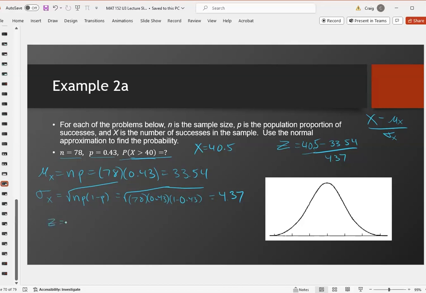From there, we calculate 40.5 minus 33.54, which is 6.96, divided by 4.37, which is 1.59.